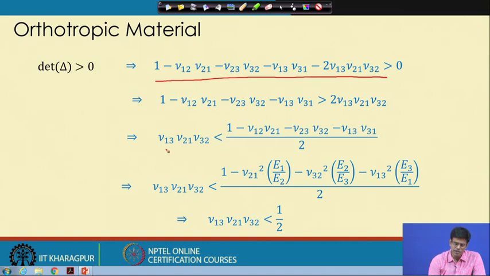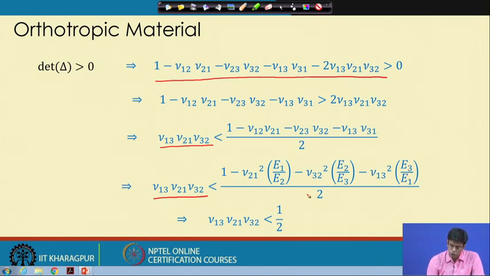So, nu13, nu21 and nu32 should be greater than this. Now, if I again use the reciprocity relation, then this will be nu21 squared E1 by E2, nu32 squared E2 by E3 and minus nu13 squared E3 by E1.